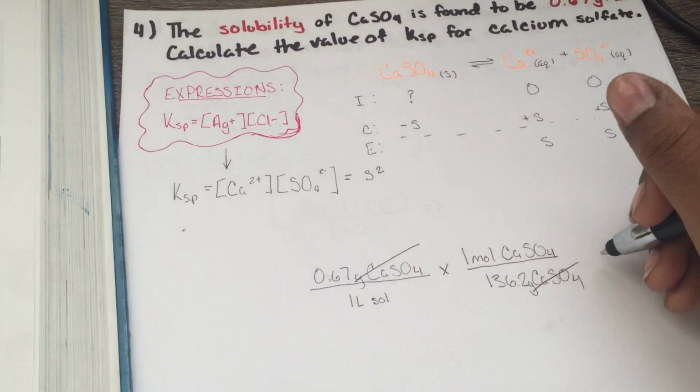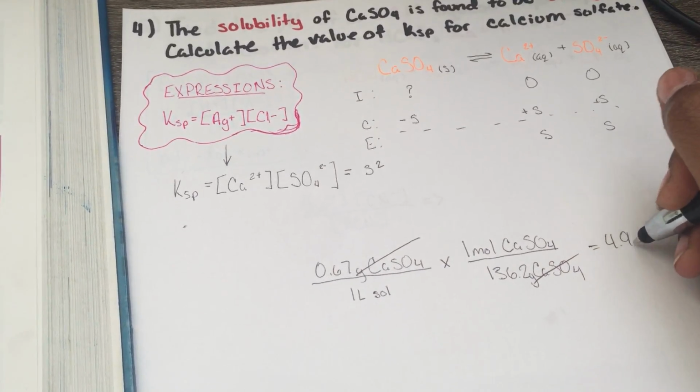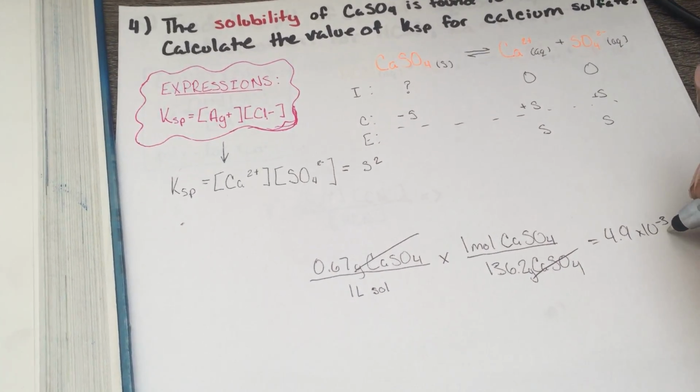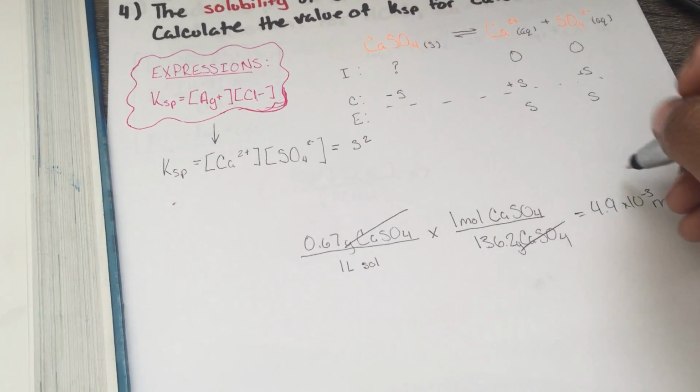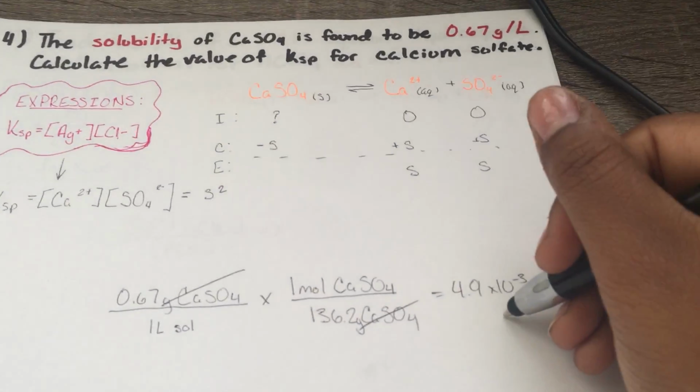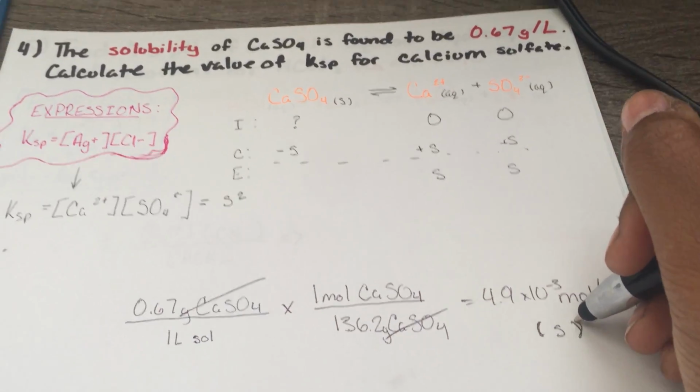These cancel out, and we're left with 4.9 times 10 to the negative 3 moles per liter. And this number right here will be our S.